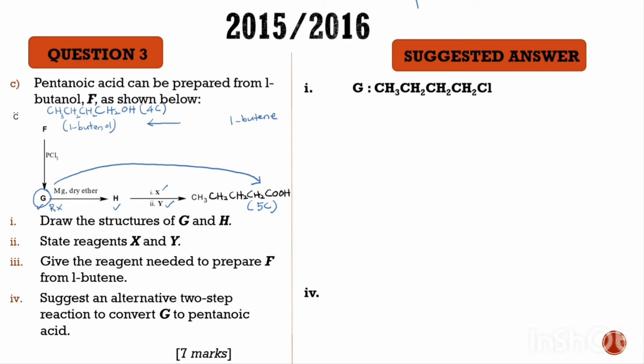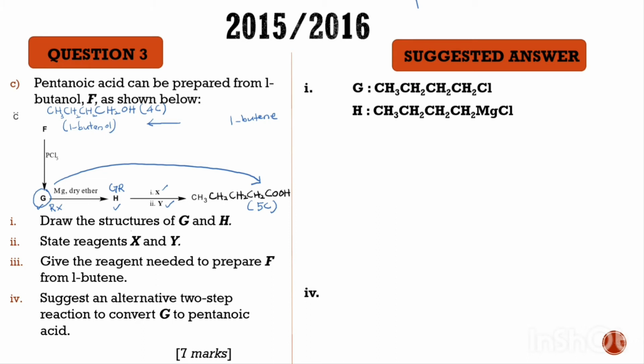Okay, so next G reacts with magnesium in ether to form H. So when we see the reagent magnesium in ether, we must recognise that this reagent is for the reaction to prepare a Grignard reagent. So H is a Grignard reagent, with the same number of carbons. So for H, we draw the structure of the Grignard reagent with the same number of carbons, 4 carbons.